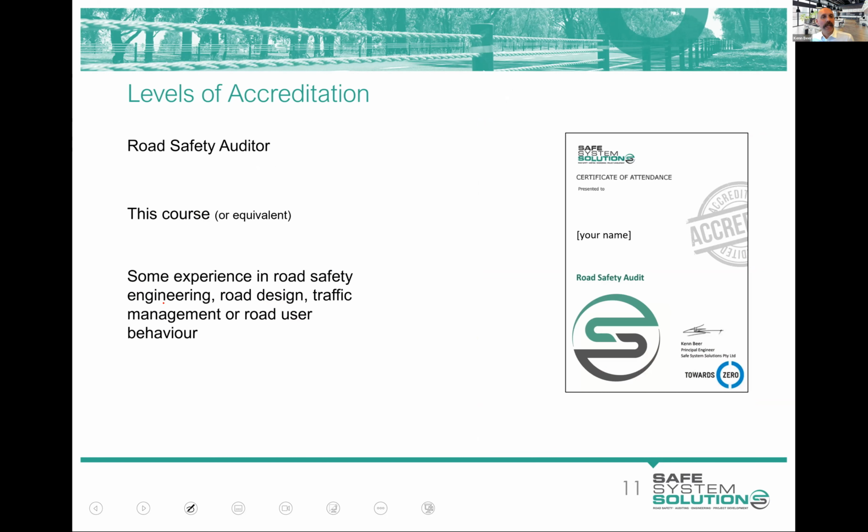But to become a road safety auditor in Victoria on the list, you need to complete this course or an equivalent approved course, and you need some experience in road safety engineering, road design, traffic management, or road user behaviour.